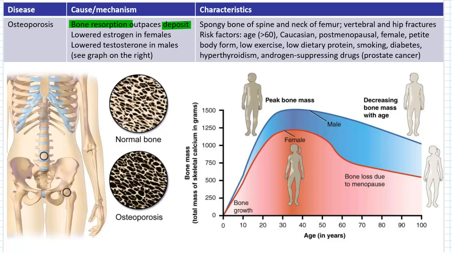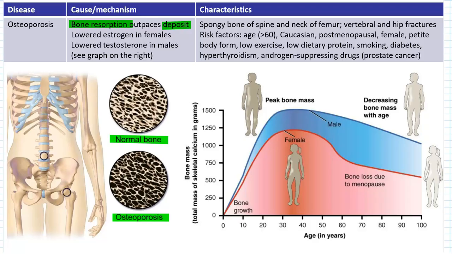If you look at the normal bone here, in this image, versus osteoporotic bone, you can see that within the spongy bone, the trabeculae become much thinner, and thinner, and thinner. Am I clear? Yeah?